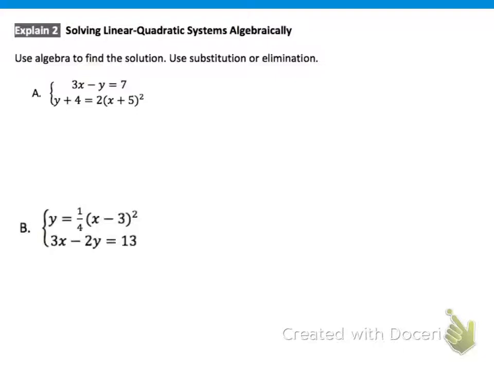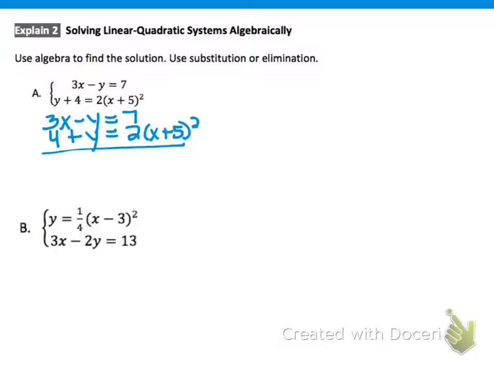I'm going to just take and flip-flop the 4 and the y around. So it'll be 3x minus y equals 7. And then this one I'm just going to flip around. So it's 4 plus y equals 2 times (x plus 5) squared. Now when I add, my y's are going to cancel out.